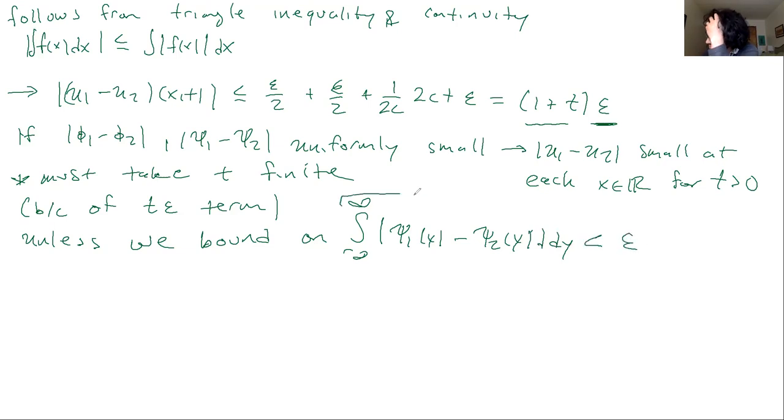And so this would be like the one norm of psi. So another way to ensure continuous dependence would be to say, well, if I make the one norm of this small and the infinity norm of the difference between phi1 and phi2 small, then even for an unbounded value of t, I'm going to have a continuous dependence. Okay, so that's continuous dependence.